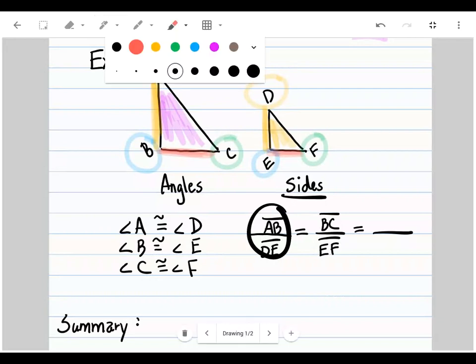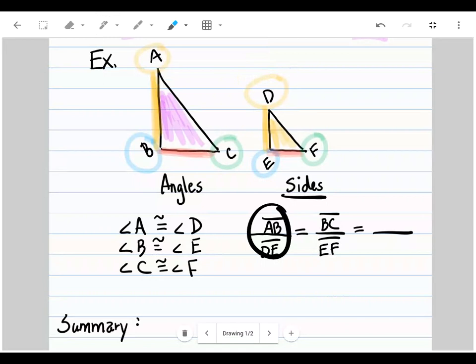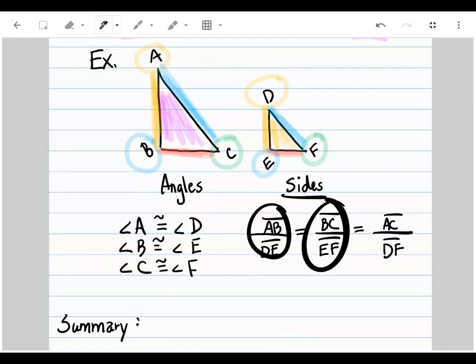And lastly, we have side AC or CA, however you want to describe it. So we'll say AC. That is the ratio of AC to DF will make an equal ratio with the other two. So we have AC on top and then DF down here. All right, so all three of these ratios, 1, 2, 3, have to be the same. If not, then the figures are not similar.